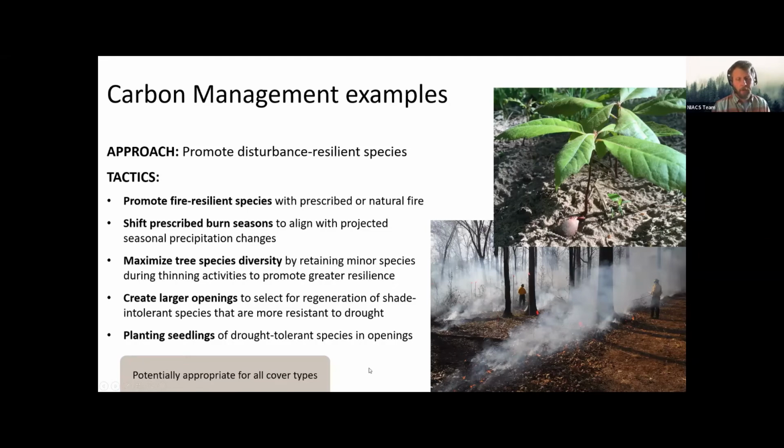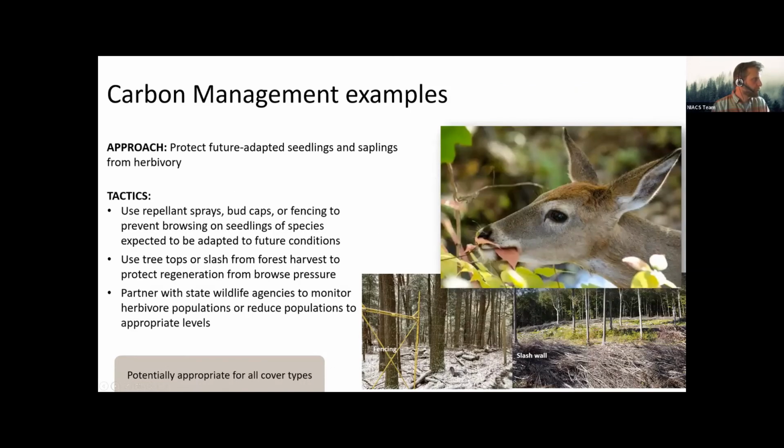Creating larger openings to promote shade intolerant species that are more resilient to some of those disturbances, or even doing some planting of some of those in openings. And again, that's something that could potentially be appropriate for a lot of different forest types.